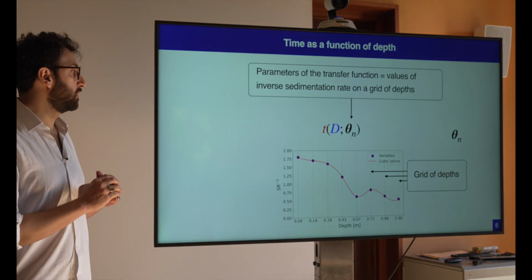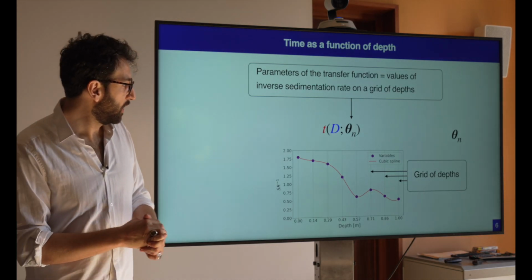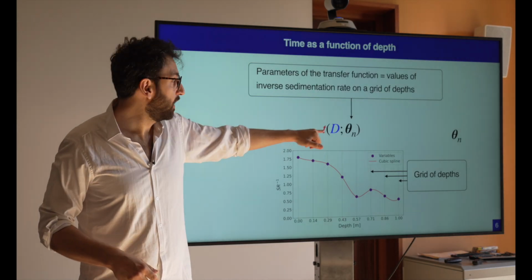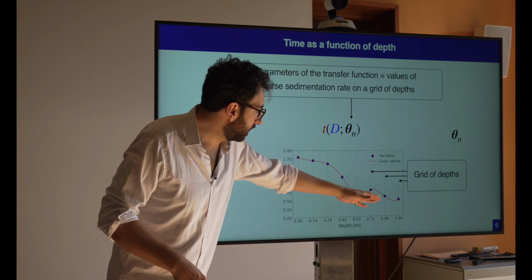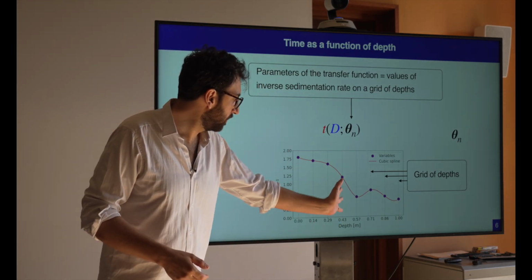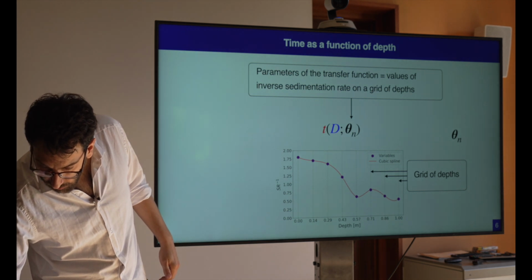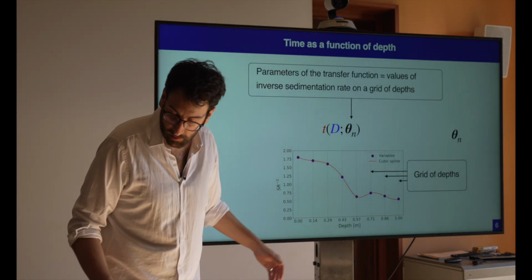Now, second ingredient of the model, the time depth function. So this is parameterized by its derivative. To determine its derivative, we take a grid of depth, and then the parameters are the value of some points on this depth.